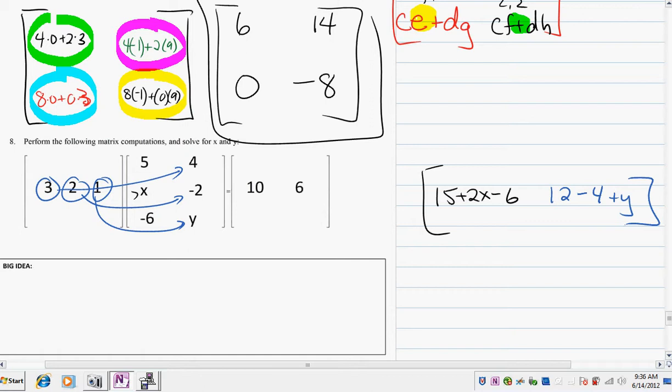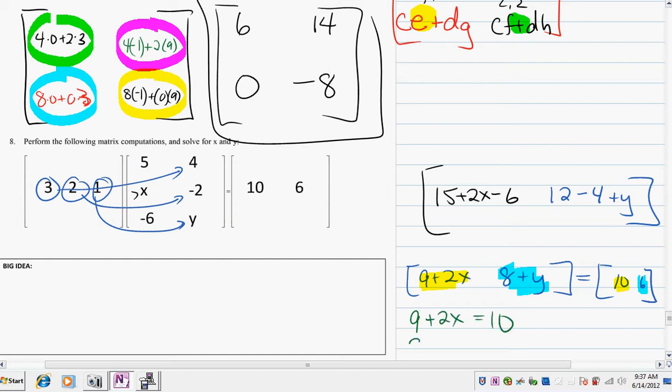Simplifying that, we get 9 plus 2x, and we get 8 plus y. And we know that's equal to 10, 6. Which means the first element must be the same as the first element, and the second element must be the same as the second element. So I'm saying 9 plus 2x must be the same as 10, and 8 plus y must be the same as 6.